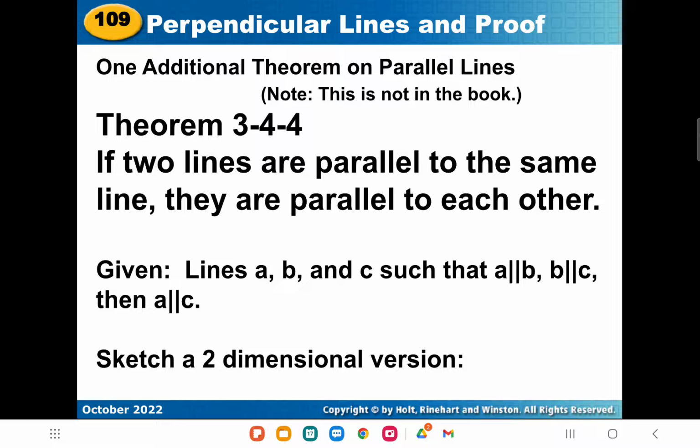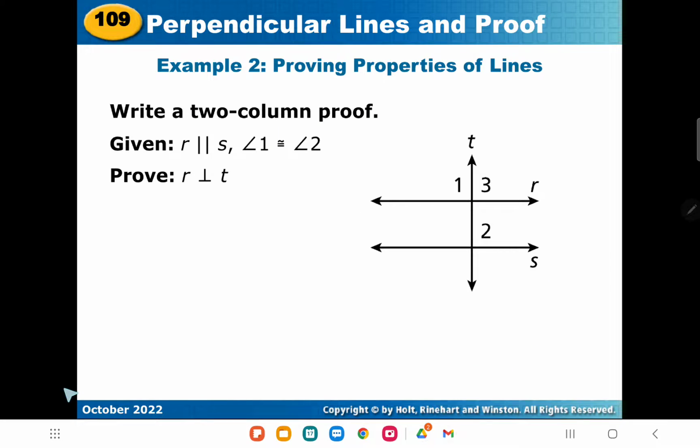Lines A, B, and C, such that A is parallel to B, B is parallel to C, then A is parallel to C. If we sketch a quick two-dimensional version of this, I have A, B, and C. If A is parallel to B, and B is parallel to C, then C would also have one arrowhead on it before A is parallel to C. Okay, so let's look at a two-column proof for this.